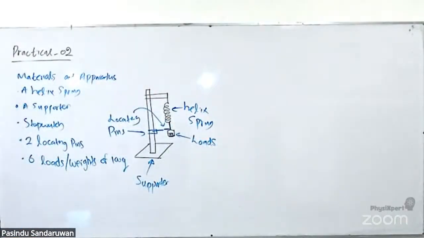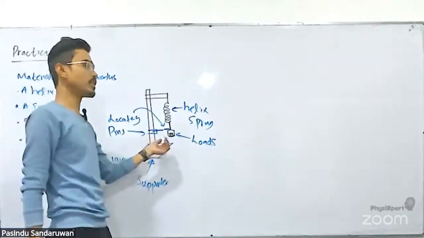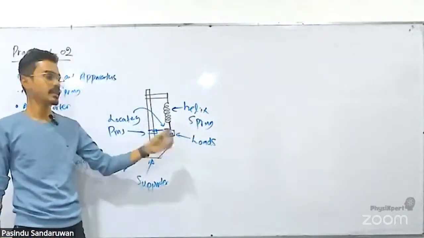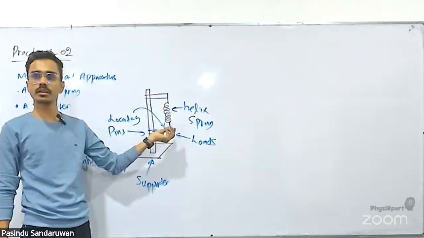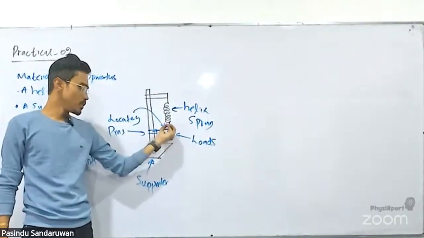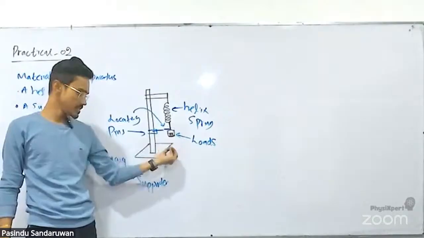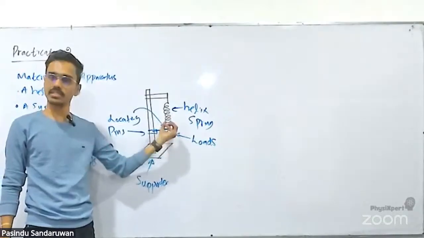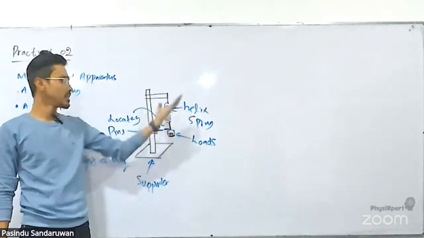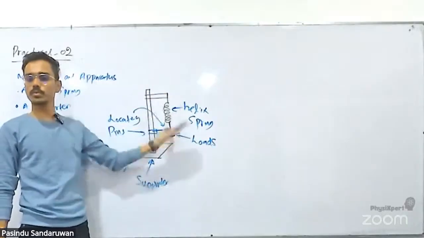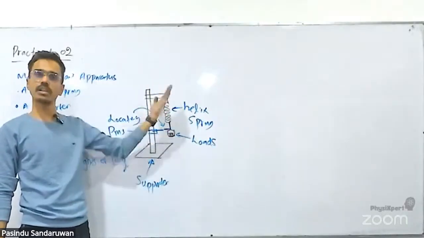So basically from here onwards, we are starting with 100 grams. At the 100 gram weight here, you give a small displacement, dragging it a little bit downwards, and release. This is going to undergo a simple harmonic motion.